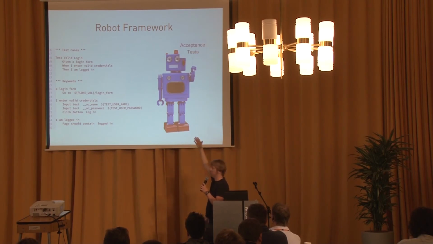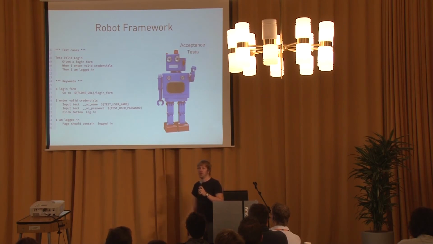Think of it, if you have like 30 tests in a doctest, you have to read the entire page. If you do it like this, you just have on top the test cases you can just read, and if you're interested in how they're actually done, then you can look at the keywords. In my opinion, that's a far better way to do this.